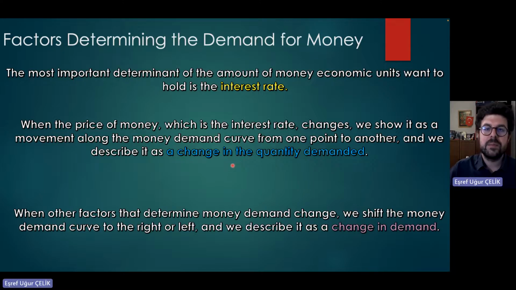Then that shift is called a change in demand. When we move along the money demand curve, that process is called a change in the quantity demanded. But if we shift to the right or left, that is called a change in demand.